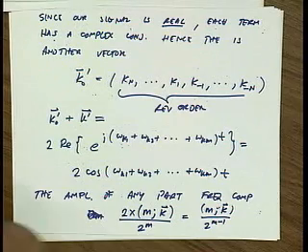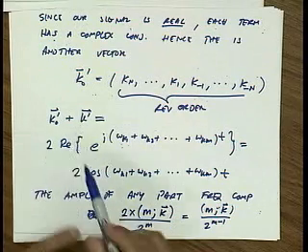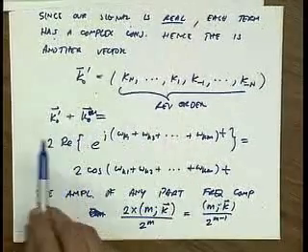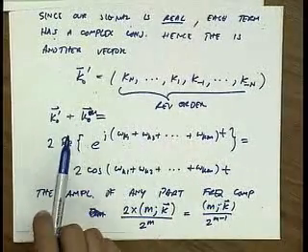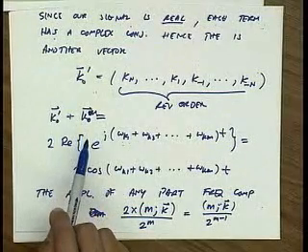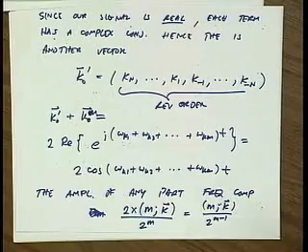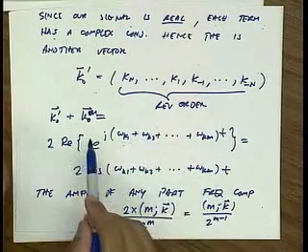So if I'm interested in the amplitude of a particular frequency mix, let's say k0, then I just look to see how many different frequency products in those 2n to the m terms add up to give me k0.